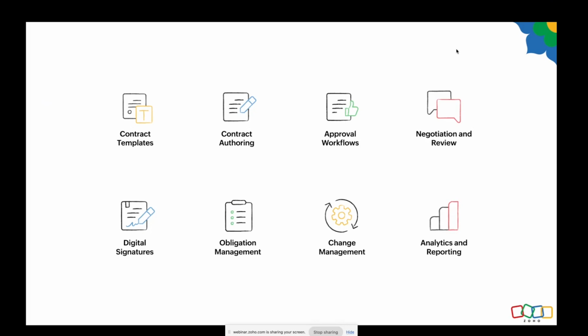There is also the ability to manage contractual obligations, change management, as in the ability to amend, terminate, renew, and extend the contract, then analytics and reporting, which is supported within the tool itself.